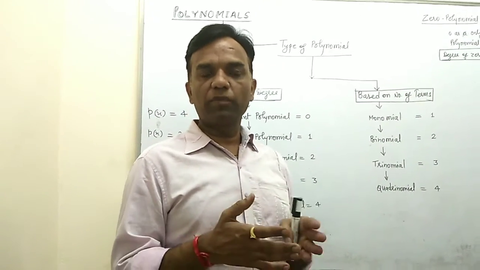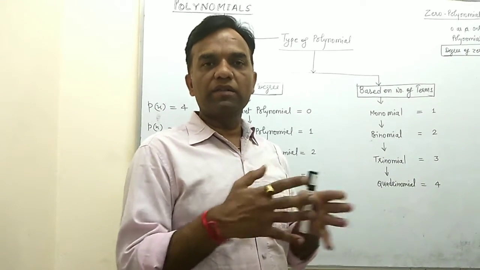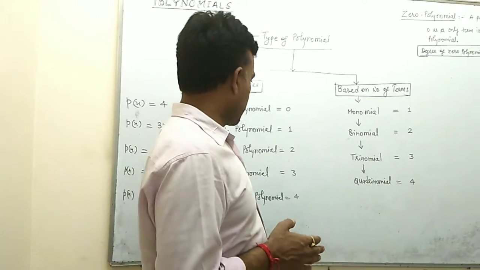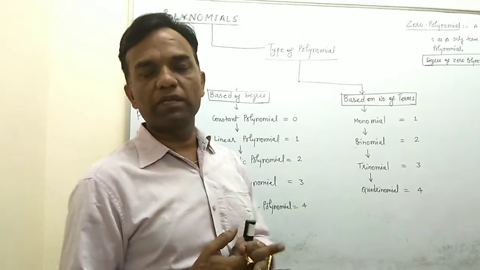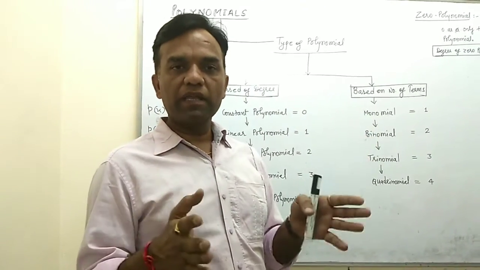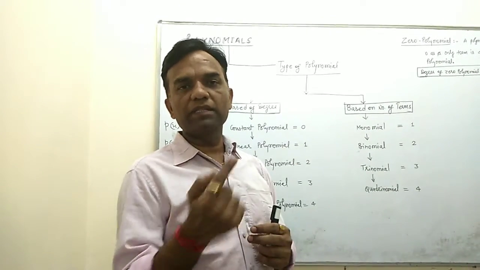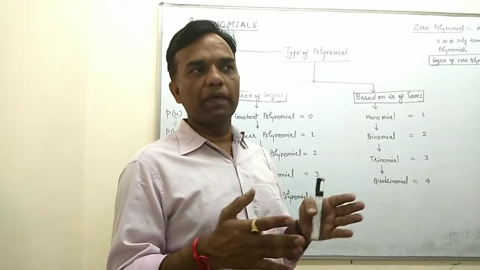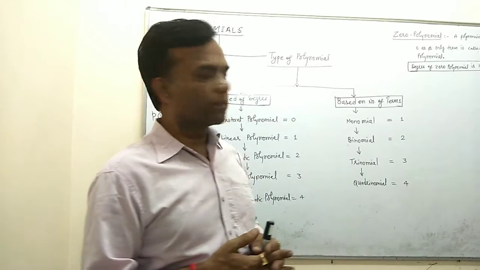First you write constant polynomial: a polynomial whose highest degree is 0 is called a constant polynomial. Then linear polynomial: a polynomial whose highest degree is 1 is called a linear polynomial. In this way you write down all the definitions with some examples. Not only one example in the definition, at least 2 or 3 examples you write down in your copy, and then you describe. So like this you explain the types of polynomial.